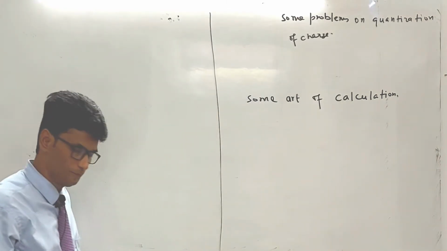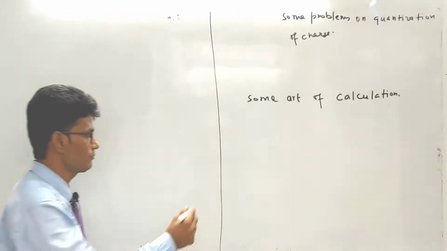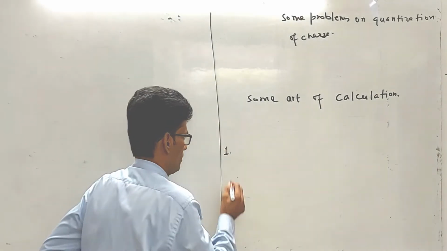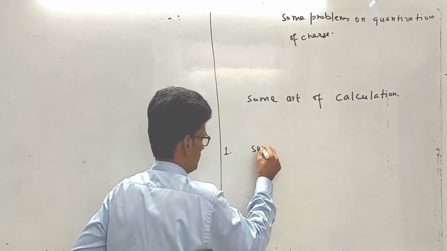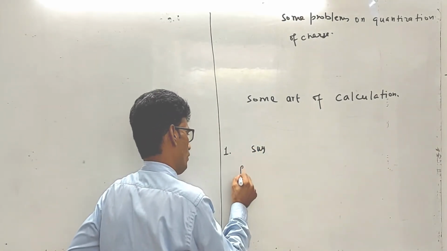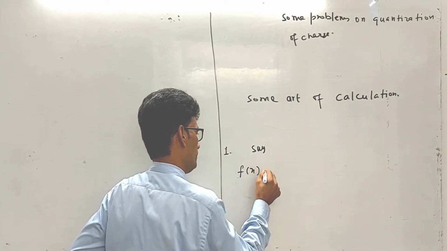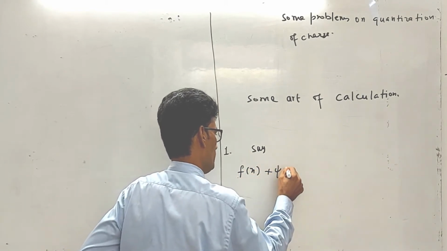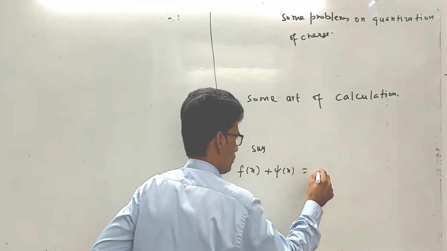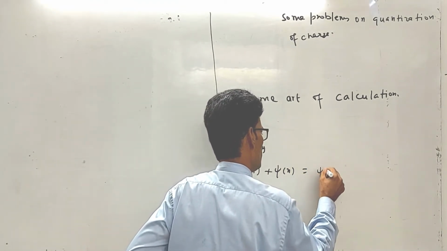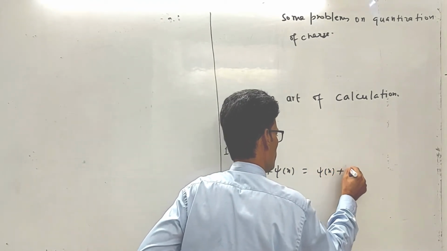In this article, first of all, we take, say, f of x plus psi of x is equal to psi of x plus phi of x.